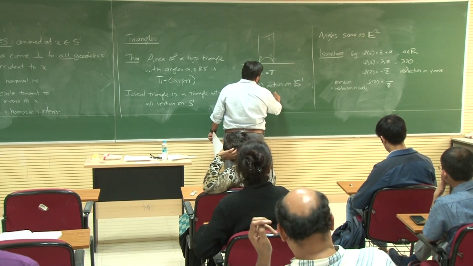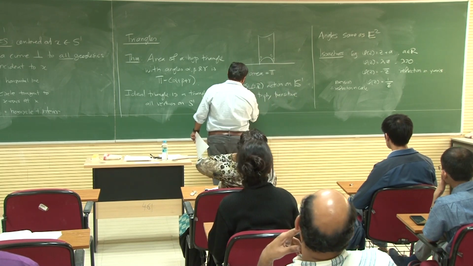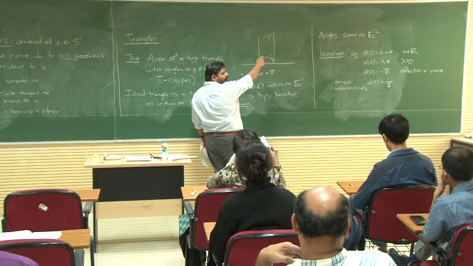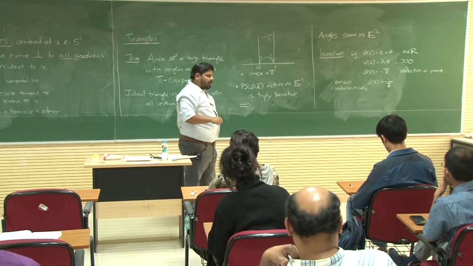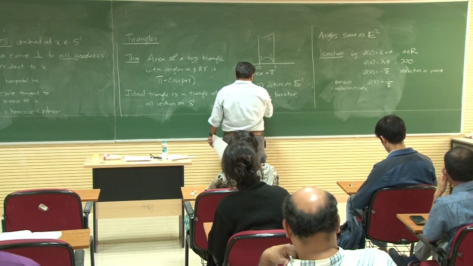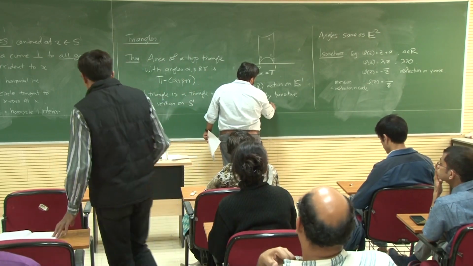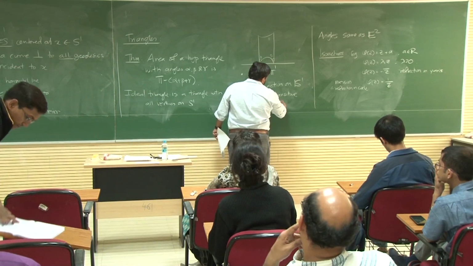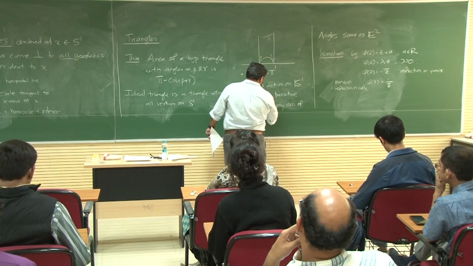Triply transitive means that it takes any 3 points to any other 3 points, and this implies that you can always take any ideal triangle and put it in the form 0, 1, infinity. And so, this implies that there is a unique isometry class of ideal triangles.